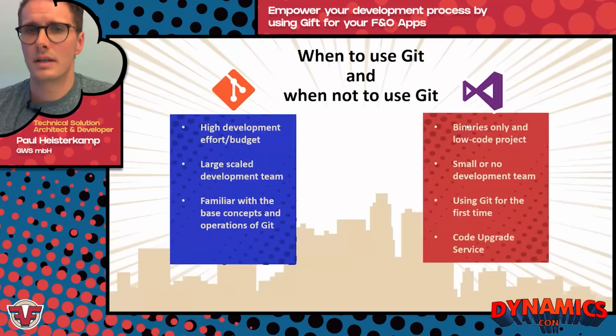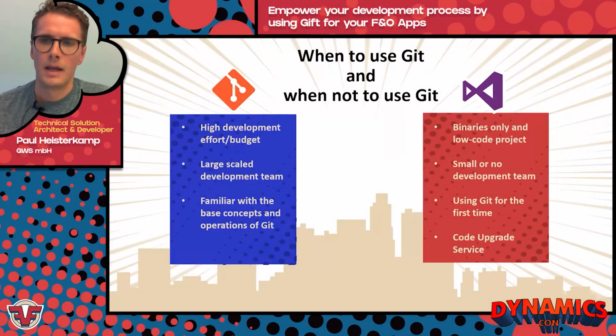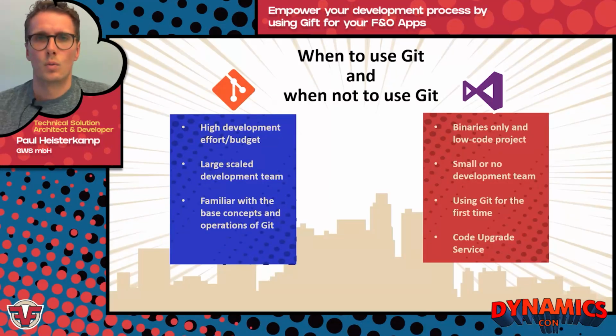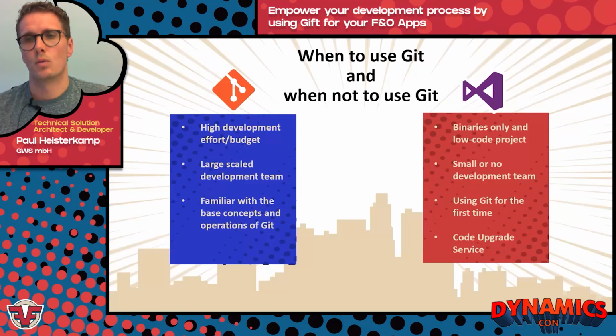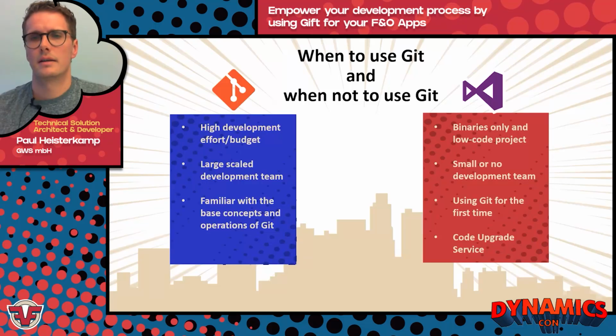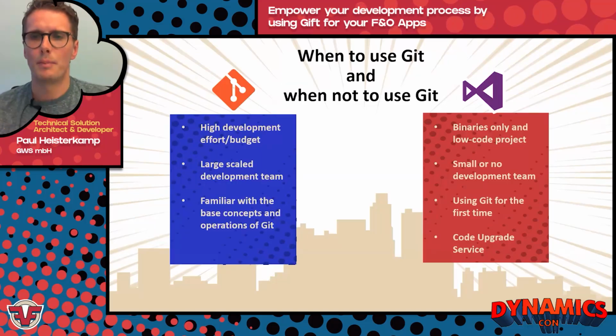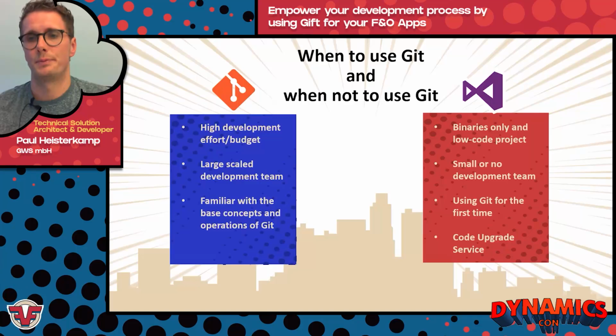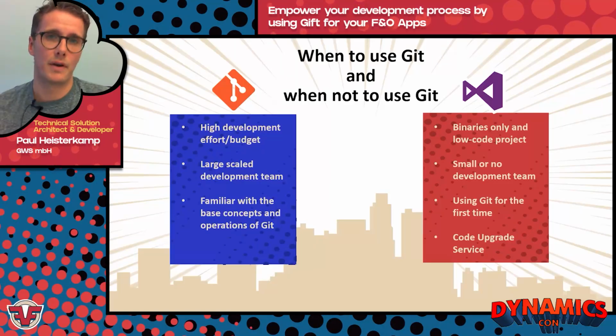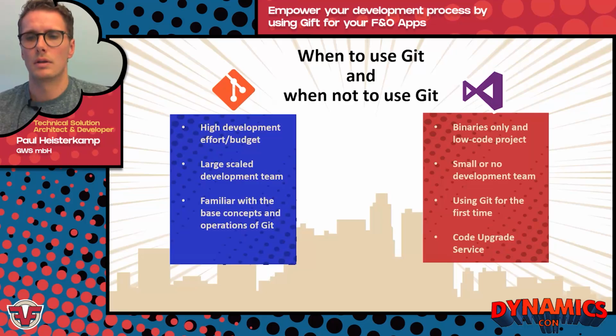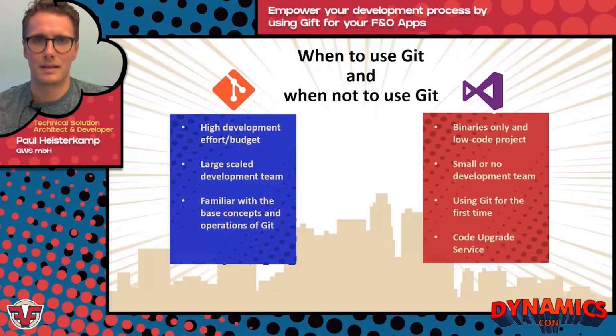So when to use Git and when not to use Git. I would start with when not to use Git, so when to use Team Foundation Server version control. If you're doing a project where you're only having binaries and you have a very small development budget and a very small development team, you will not benefit from Git that much.